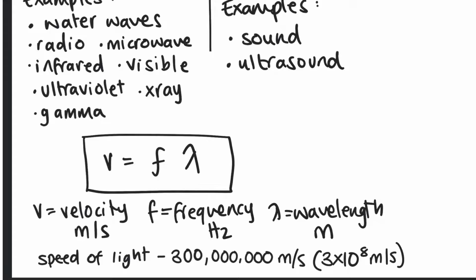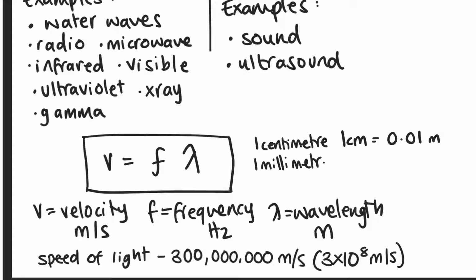So some common ones that you'll come across at GCSE would be 1 centimetre, which would be written as 1 cm, and that's the same as 0.01 metres. 1 millimetre, which is 0.001 metres. So if you wanted to change from millimetres into metres, you would need to divide the number by 1,000.